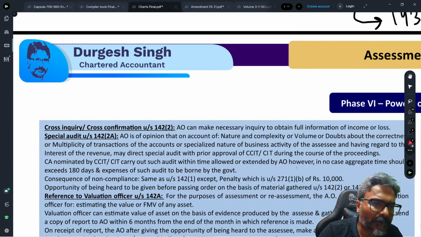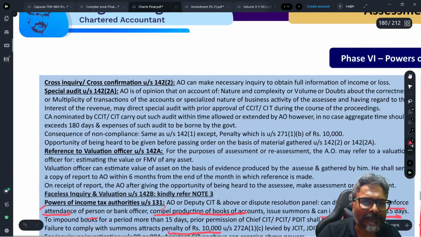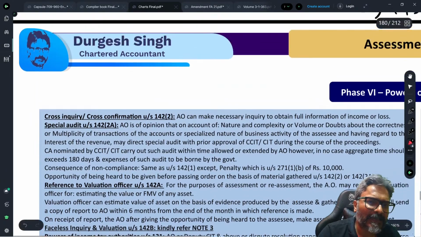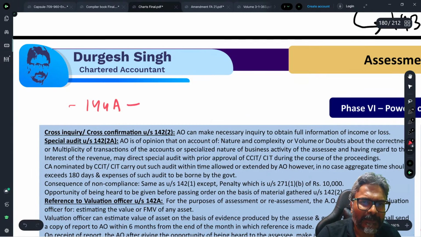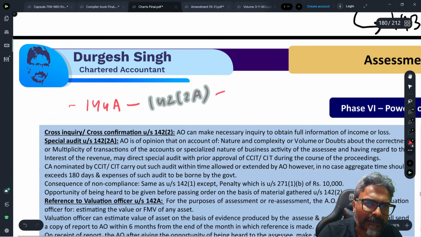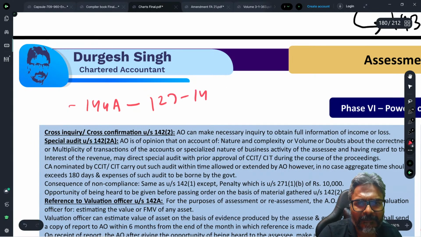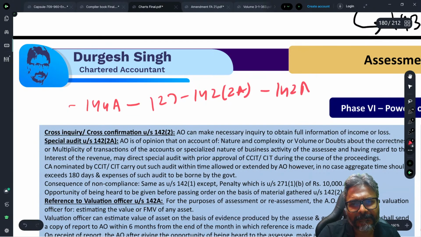Now students, what is the next power which I have given to you? The power I have given to you is 144A, thereafter 142A, and the last one is 142(2A).